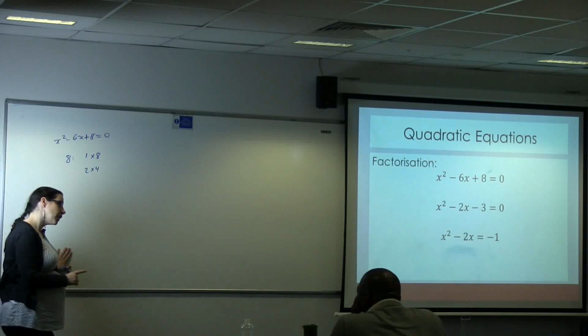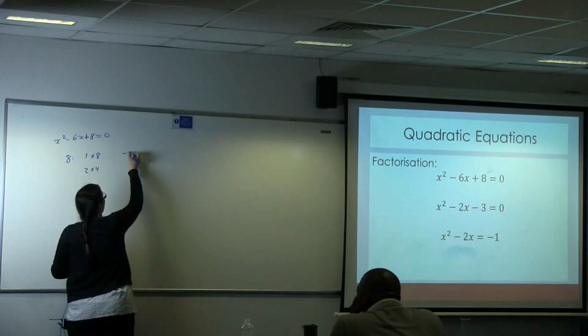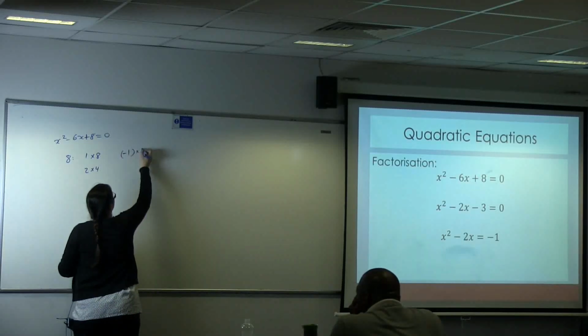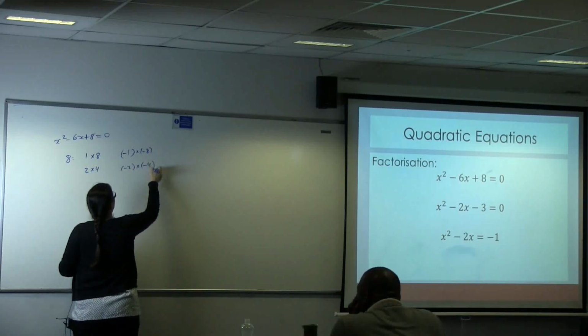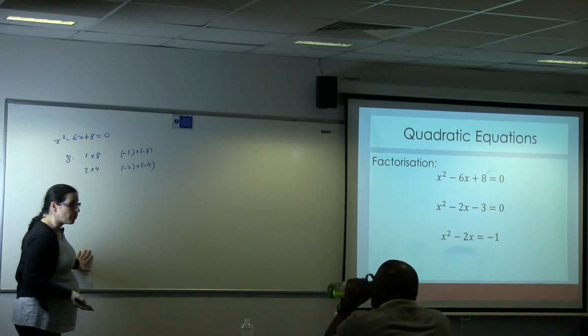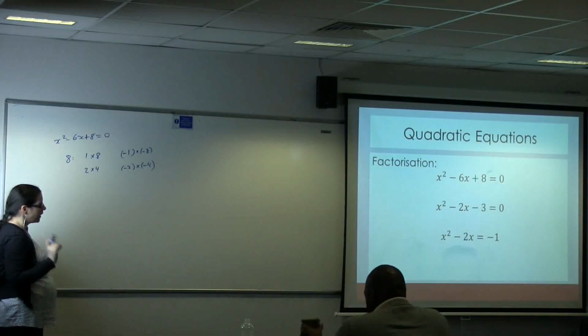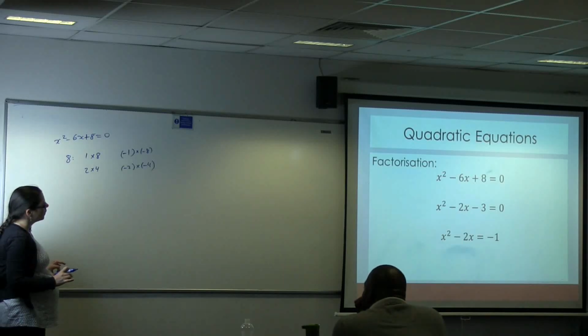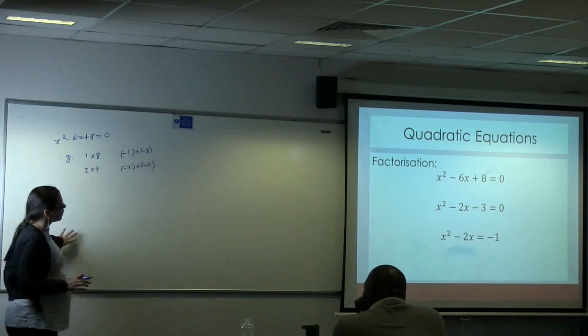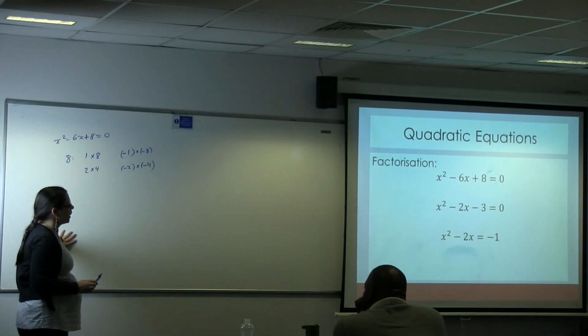However, it can also be minus 1 times minus 8 or minus 2 times minus 4, because that would also give me positive 8. Now the key here is, what I need to find is what... am I doing it the wrong way around?